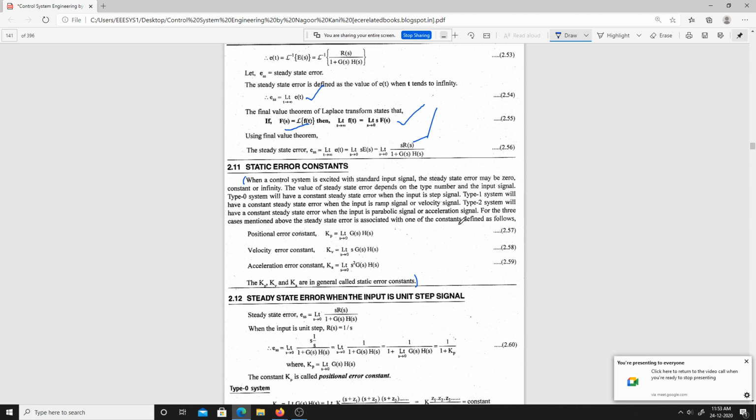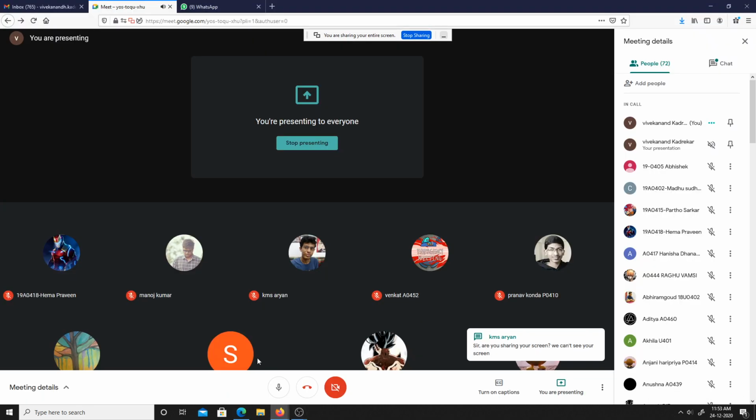Is it clear? Now, the steady state error when the input is a unit step input. Now we'll discuss the steady state error.